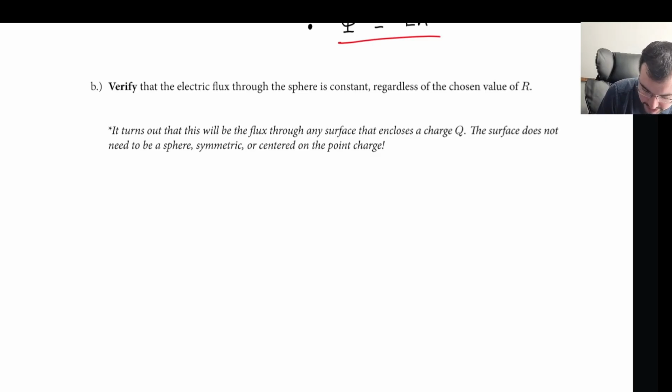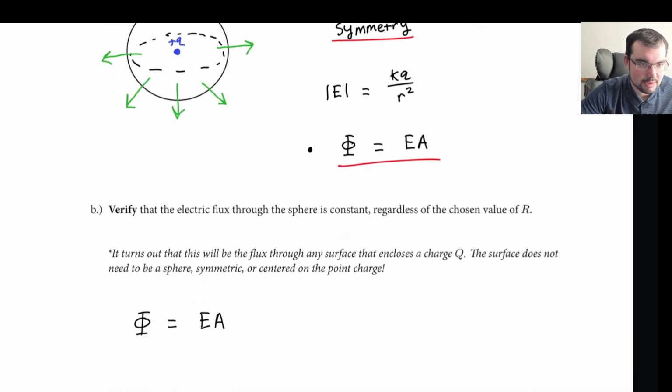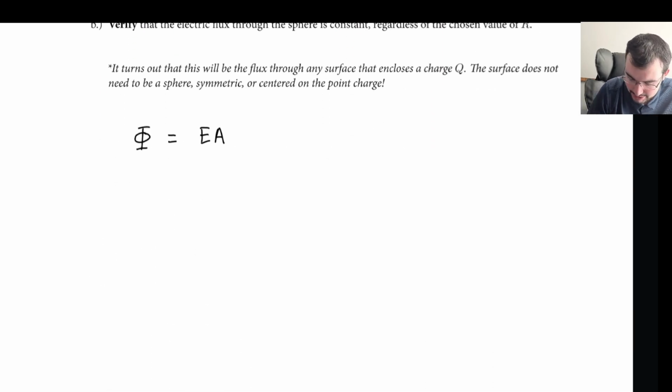So, we said that flux, in this case, could be written as E times A, because our field has the same magnitude everywhere on the sphere, and it's always radially symmetric, so I don't have to do any trigonometry. And E at the location of the sphere is going to be kq over the sphere radius squared.